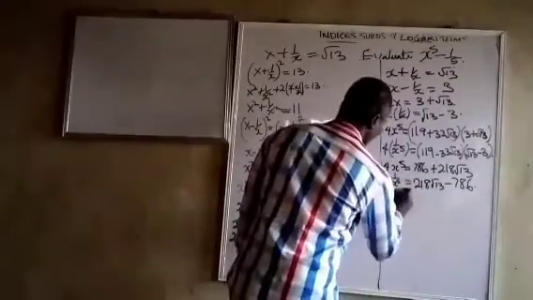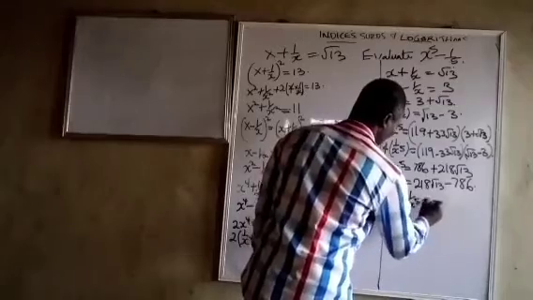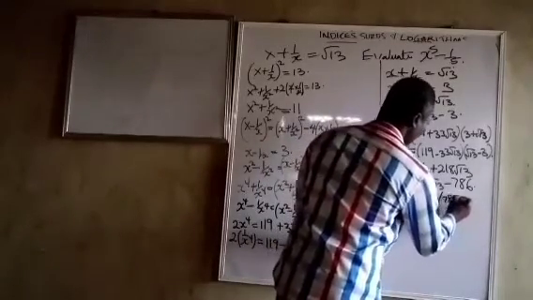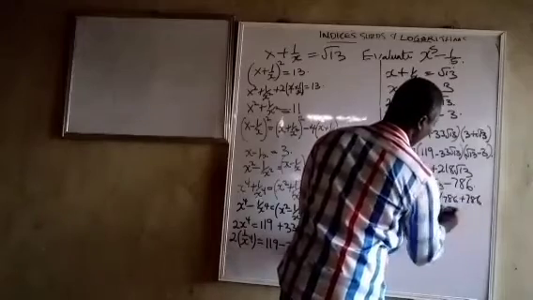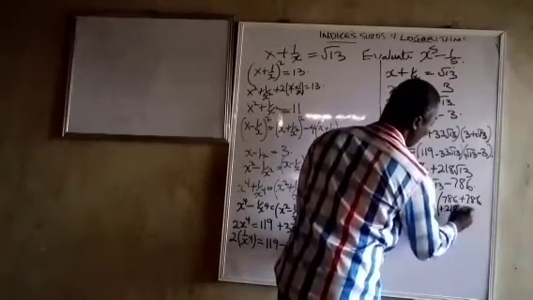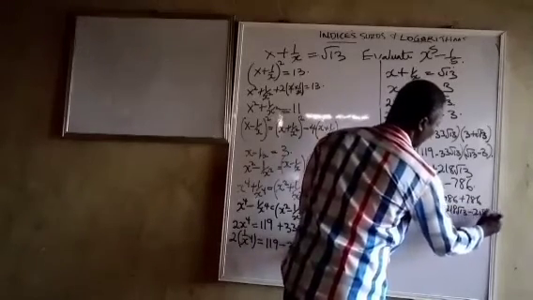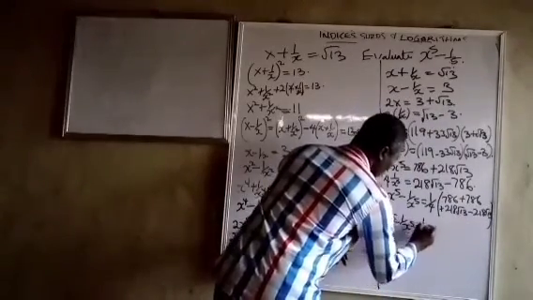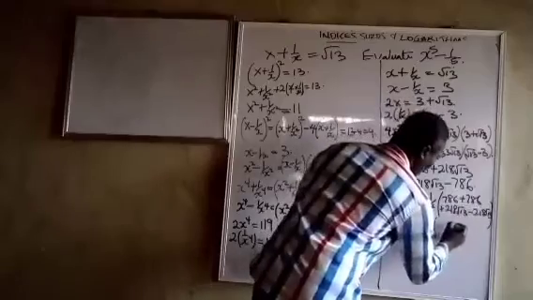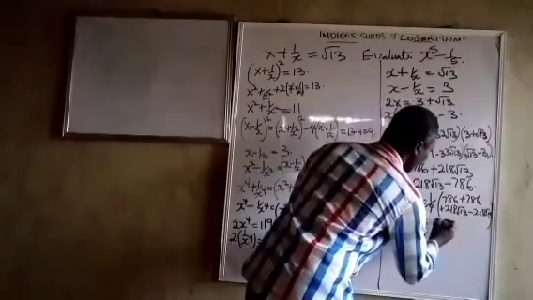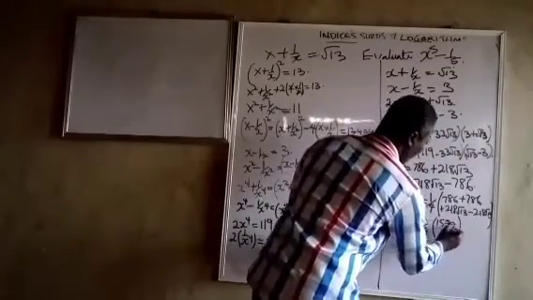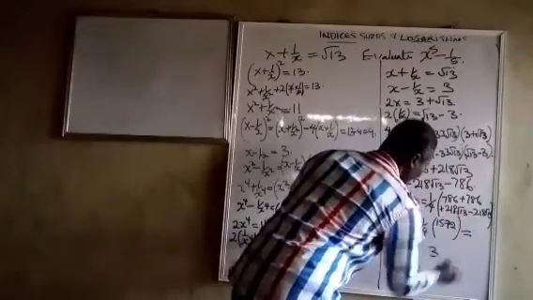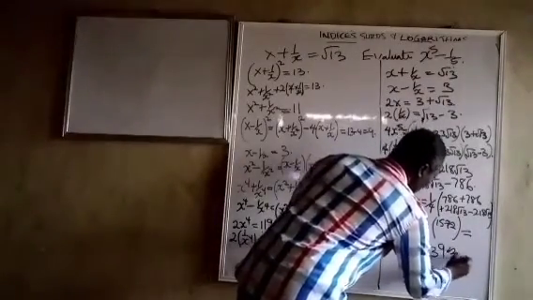Therefore, x raised to the power 5 minus 1 over x raised to the power 5 will be equal to 1 over 4 into (786 plus 786) plus (218 root 13 minus 218 root 13)... which is 1 over 4 into 1572. On working this, I got 393. So that's the answer.